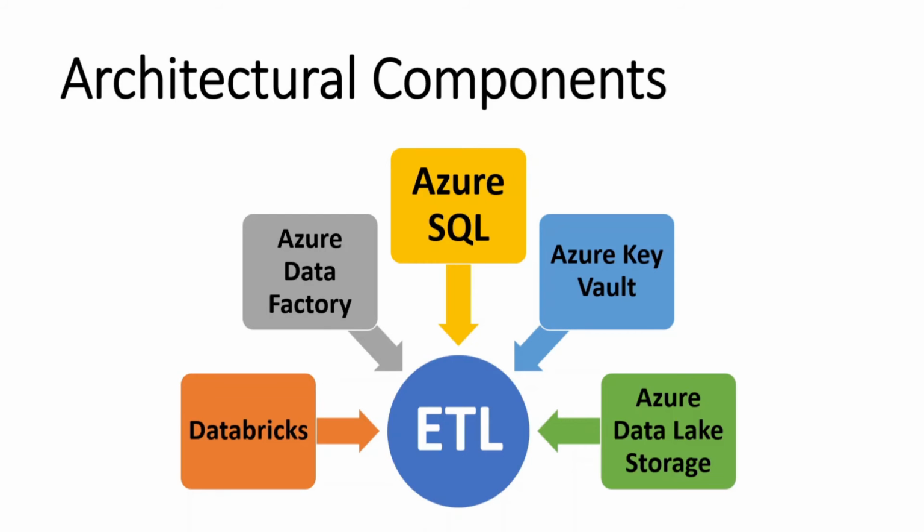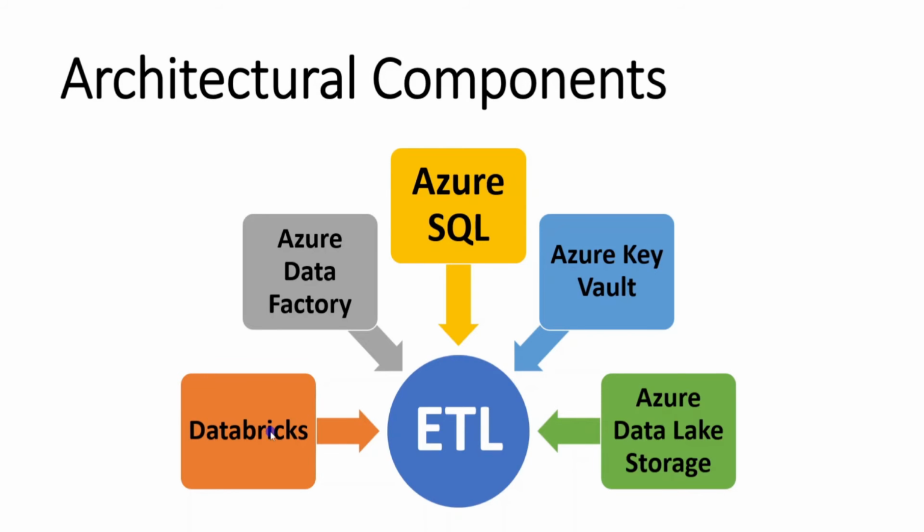And this Databricks ETL would be triggered based on Azure Data Factory trigger. So Azure Data Factory is used as a scheduling component in this part. And Azure SQL is our source database. Azure Databricks will pull the data from Azure SQL only. And Azure Data Lake Storage will be our target location where Databricks will write the target data.